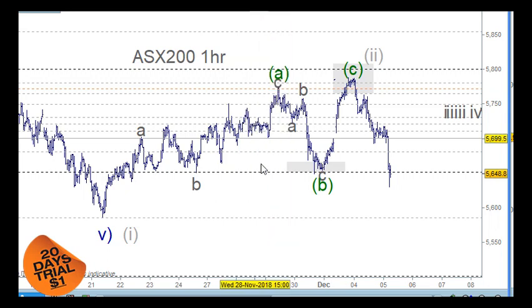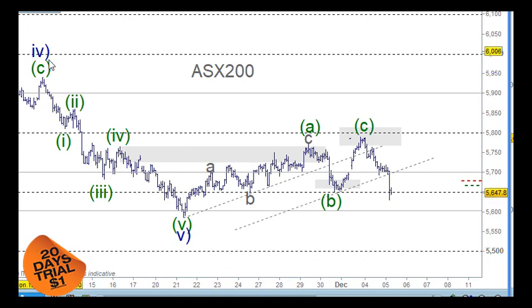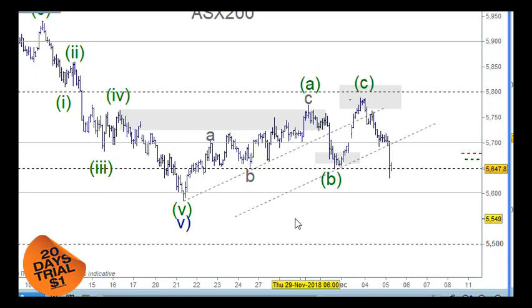So just on the 2-hour chart, this is what we were looking at. I still had it labeled 1, 2, 3, 4, 5 from wave 4 down to wave 5, but noting this was all corrective, I hadn't really wanted to change this particular low at this stage.